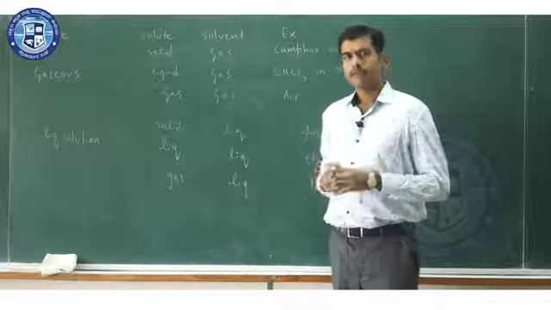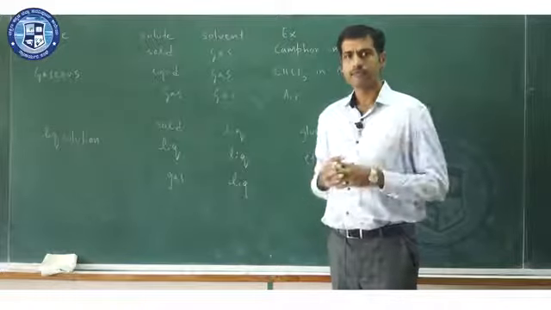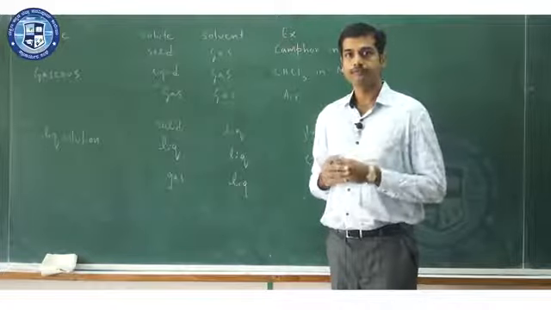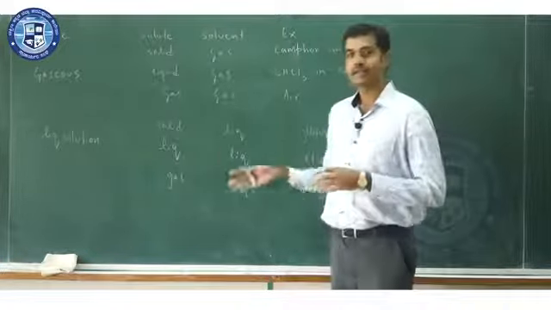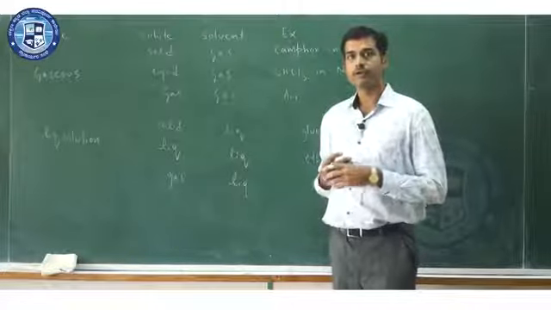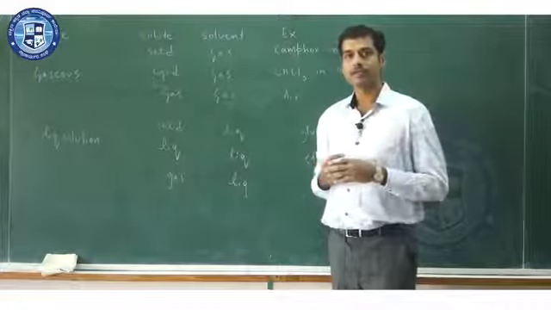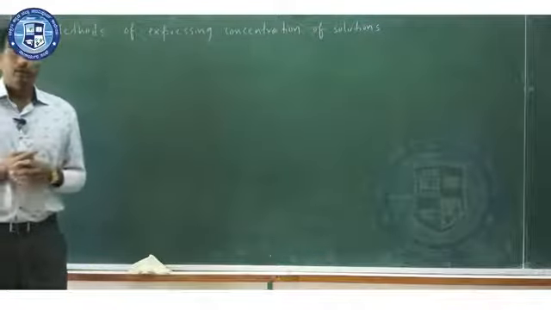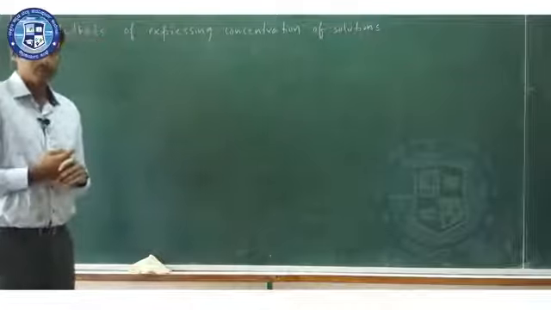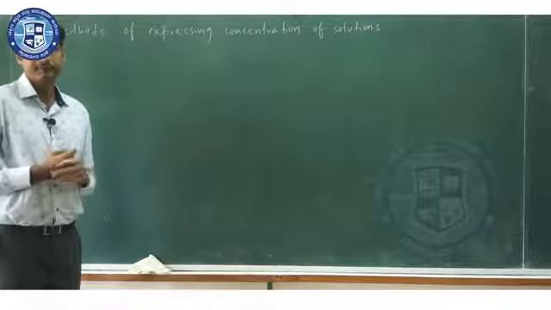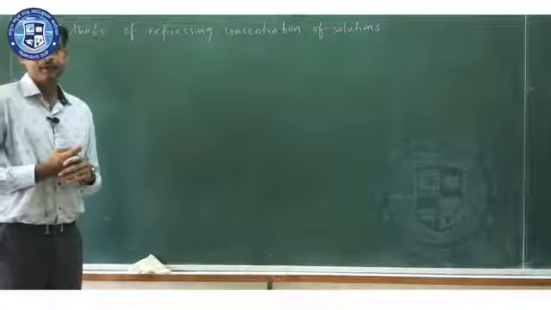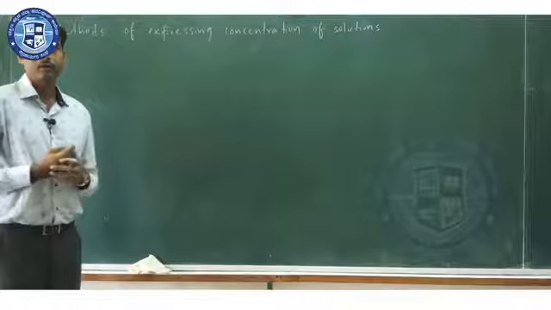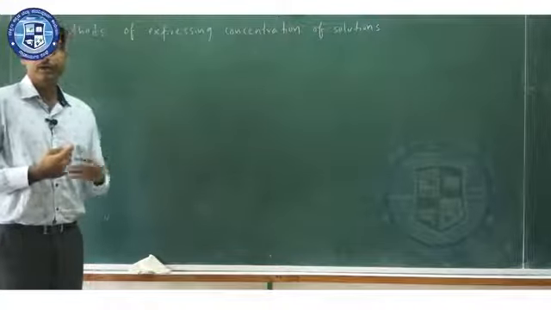So what we have done till now, we have introduced solutions, understood some of the basic terms like solute and solvent, and went through the different categories of solutions or types of solution, basically solid solutions, liquid solutions and gaseous solutions. It is very important that you understand the composition of a solution, and there are several methods to understand how much of the solute is dissolved in a solvent.